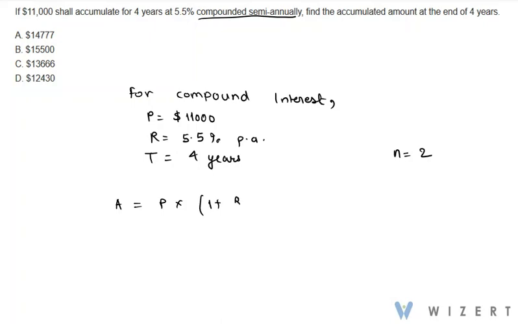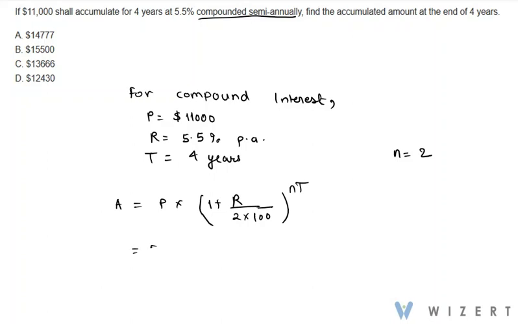So rate divided by 2 multiplied by 100. So this is how the formula will change for semi-annually compounded interest rate, to the power nt, where n is equal to 2.